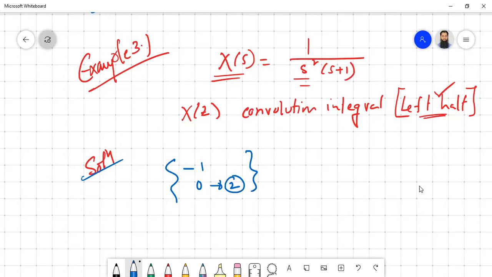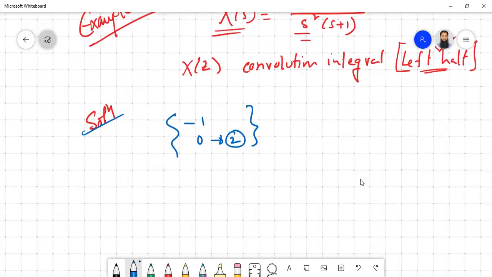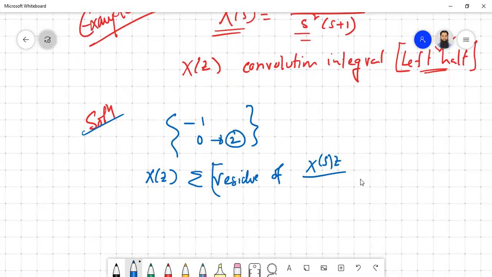So we can write that X(z) is the summation of the residues of X(s) into z by z minus e to the power ts at the poles of X(s).